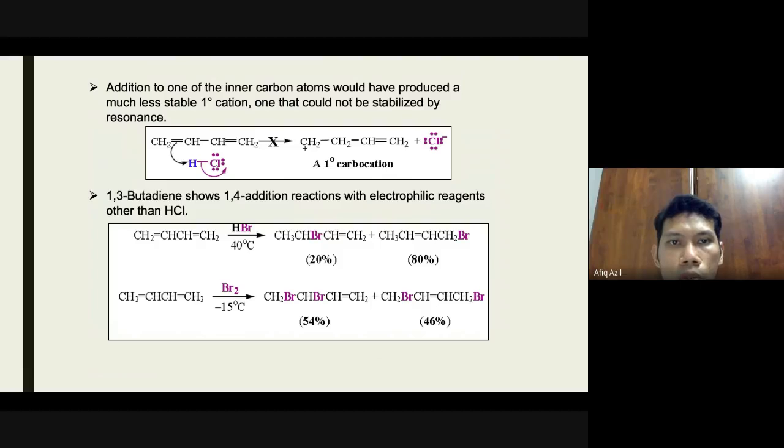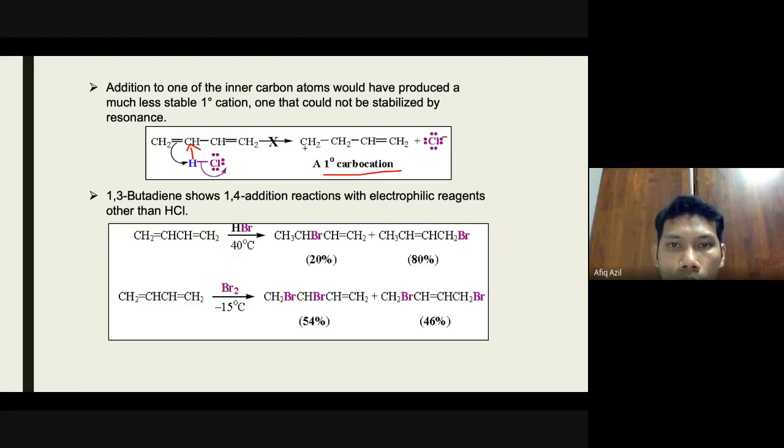So addition to one of the inner carbon atoms would have produced a much less stable primary carbocation, one that could not be stabilized by resonance. So this hydrogen cannot be added to this carbon to form this one, because the carbocation formed will be primary.